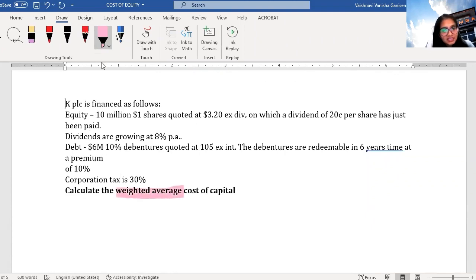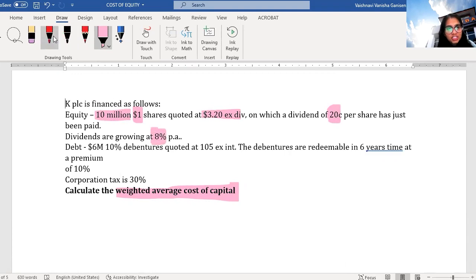Calculate the WACC. KPLC is financed as follows. So you have equity of 10 million $1 shares, price 3.20 ex dividend, dividend 0.20, dividend growth rate 8%.